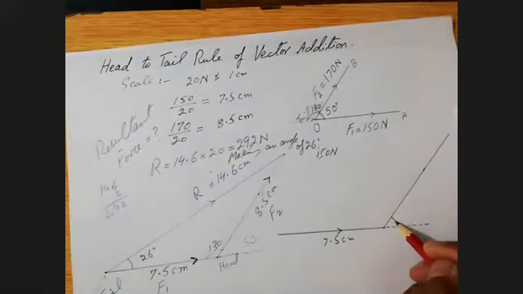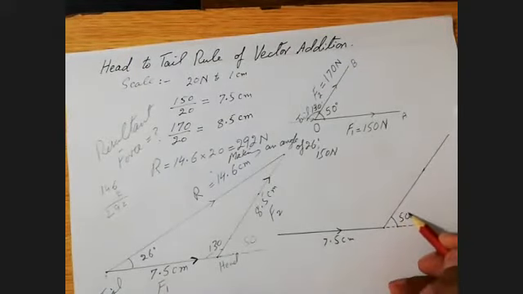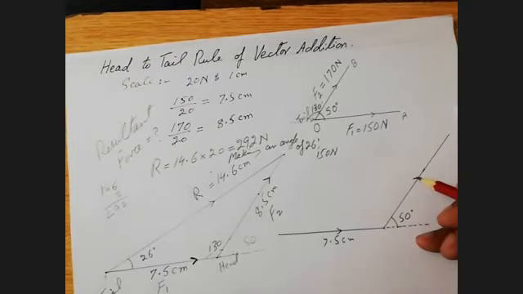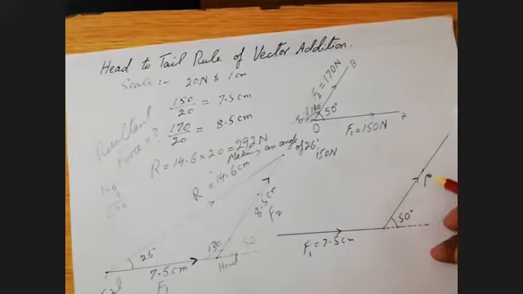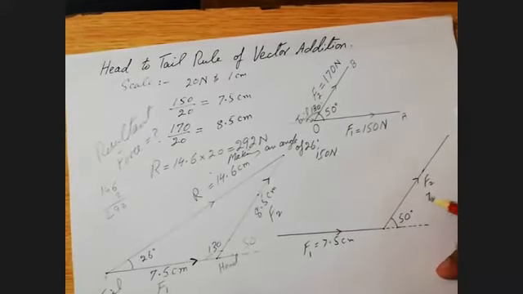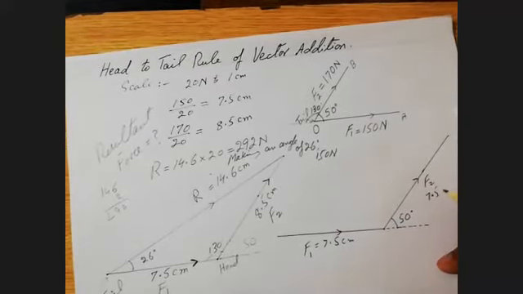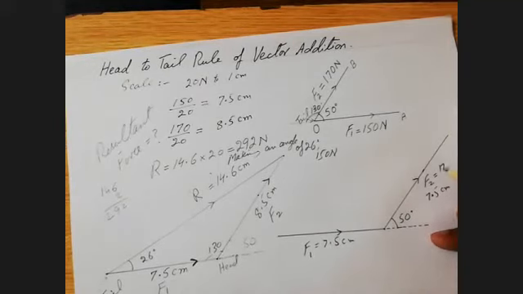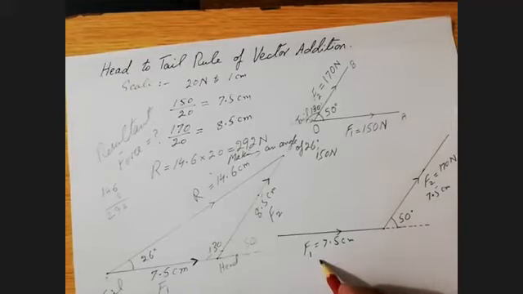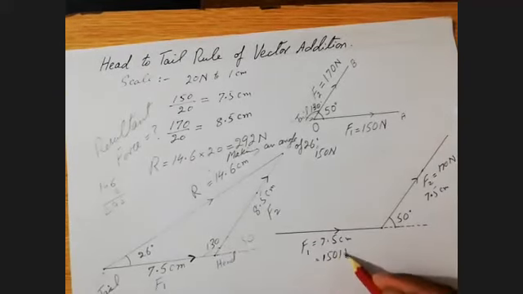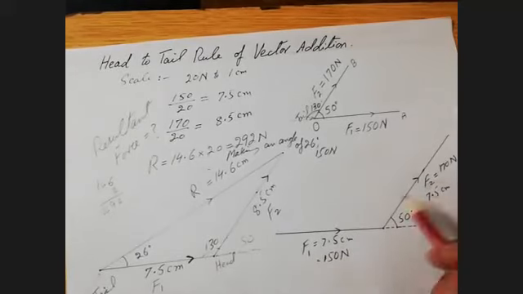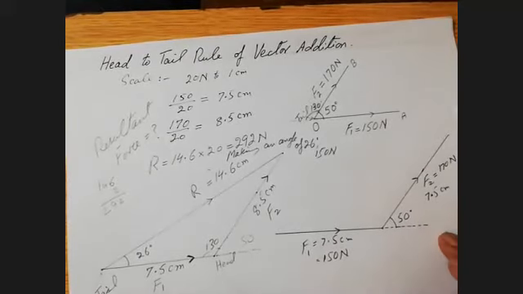Now here you can see I have drawn the 50 degree angle. This is F1 and this is F2, which is represented by a 7.5 centimeter line. Obviously F2 was 170 Newton and F1 was 150 Newton. So remember this. After doing this, we have to find the resultant.